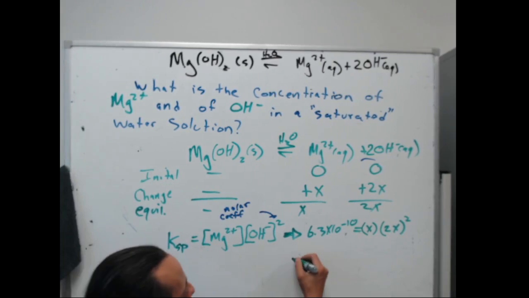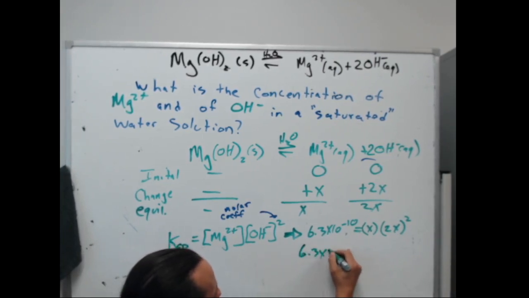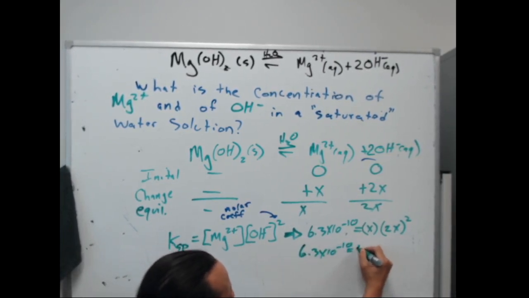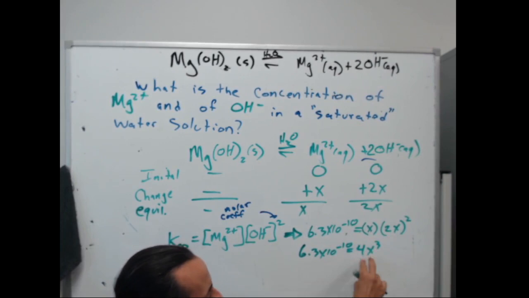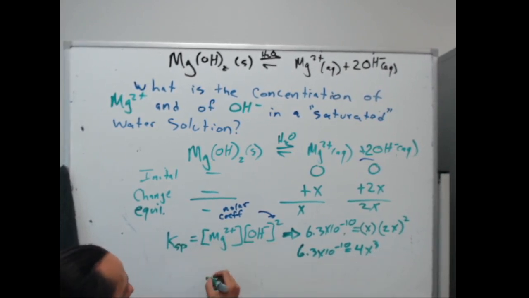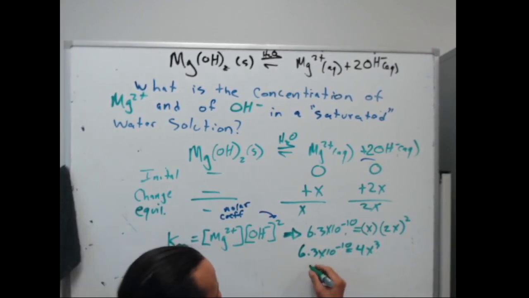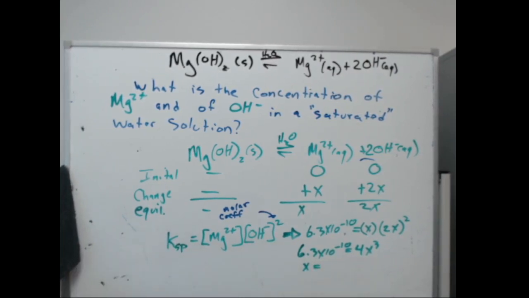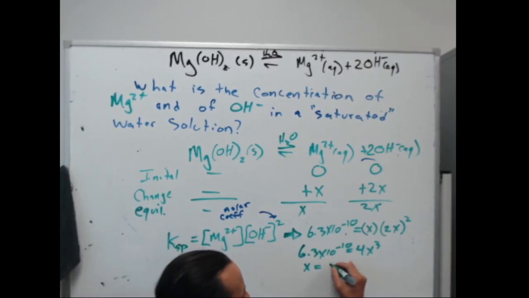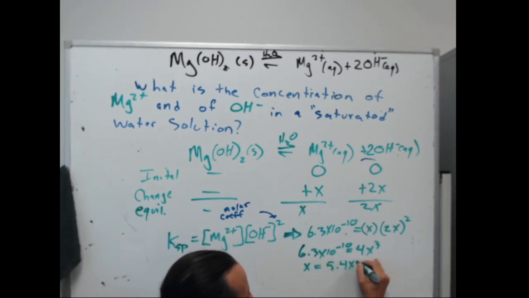So I'm going to end up with 6.3 times 10 to the minus 10 is equal to 4x cubed. This 2x quantity squared gets us 4x squared times x gets us 4x cubed. I can then solve for my x value, rearranging this, doing some solving. I already plugged it into the calculator a minute ago. I get 5.4 times 10 to the minus 4.